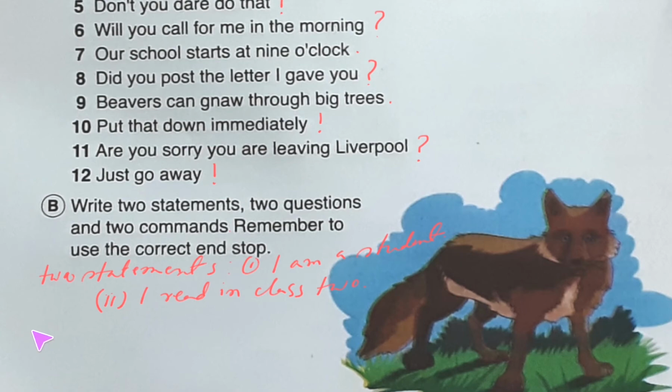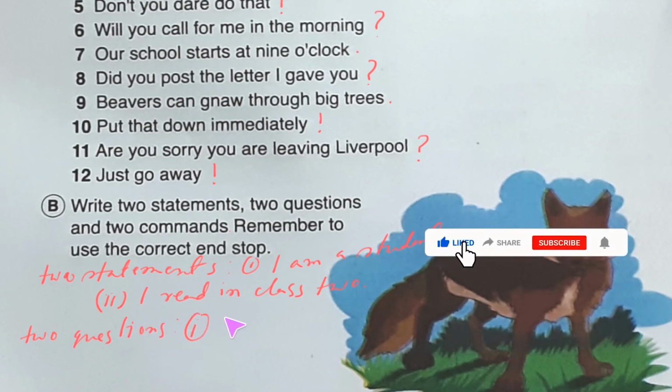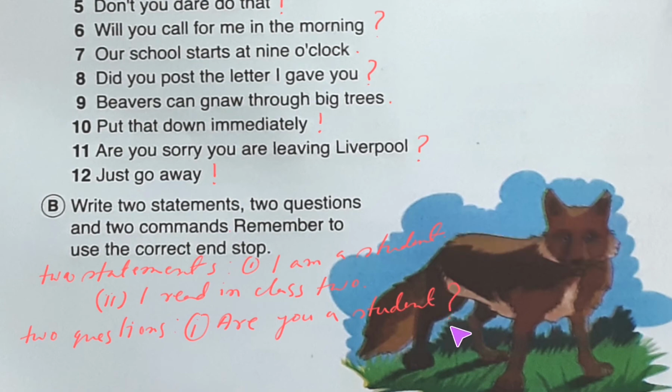Okay, so 2 questions we can write now. Number 1: are you a student? After that you should put a question mark, remember it. And number 2: what are you doing?